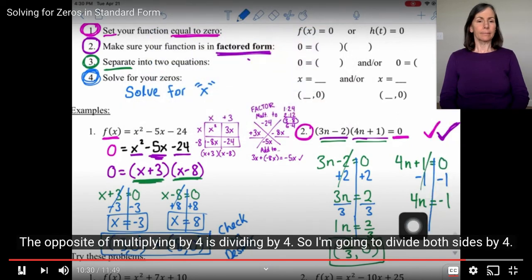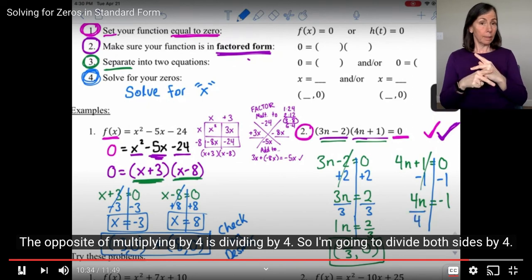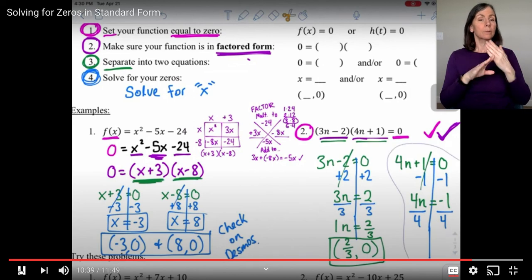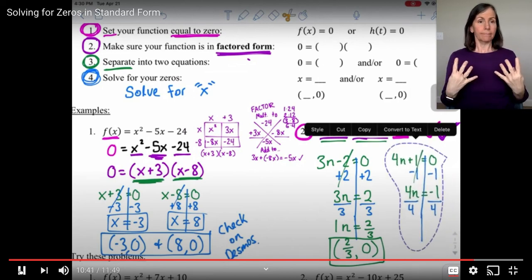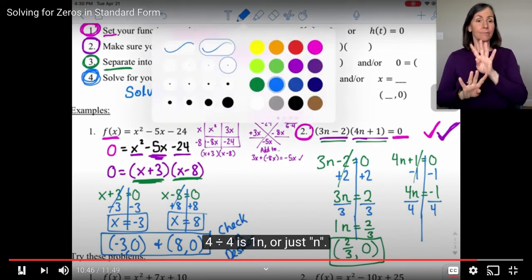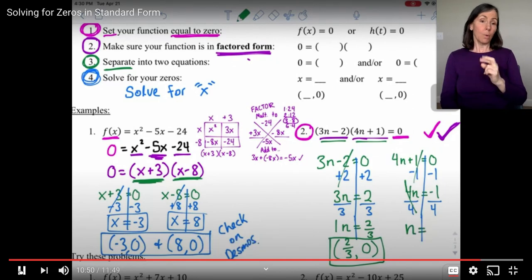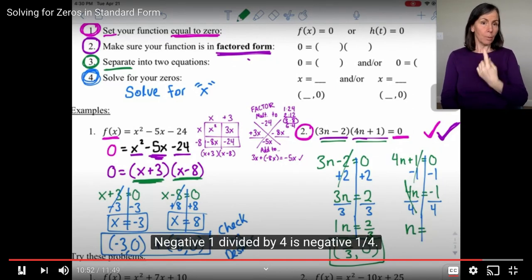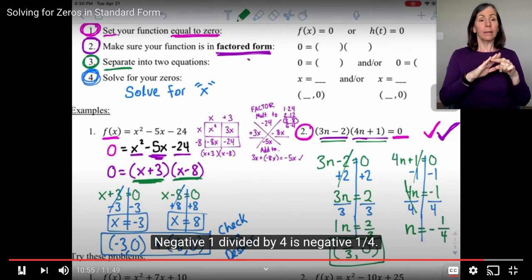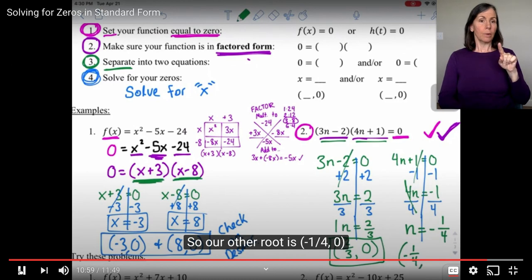The opposite of multiplying by 4 is dividing by 4, so I'm going to divide both sides by 4. Four divided by 4 is 1n, or just n. Negative 1 divided by 4 is negative 1/4. So our other root is negative 1/4, comma, 0.